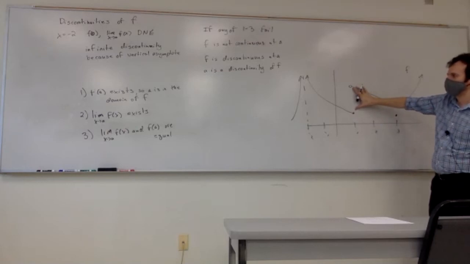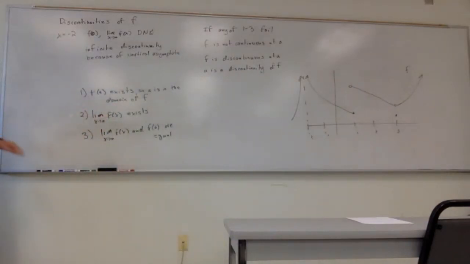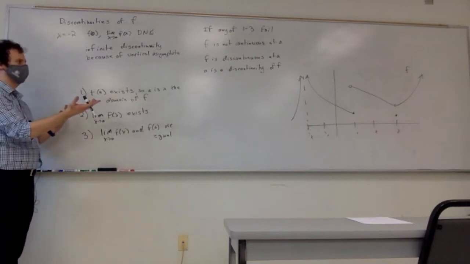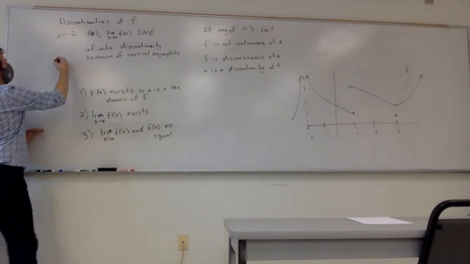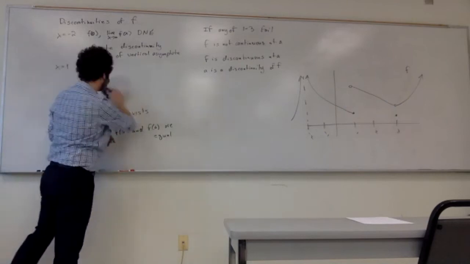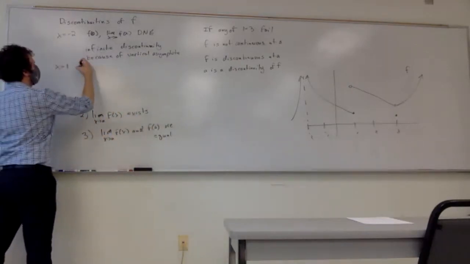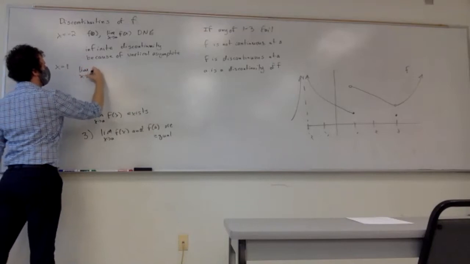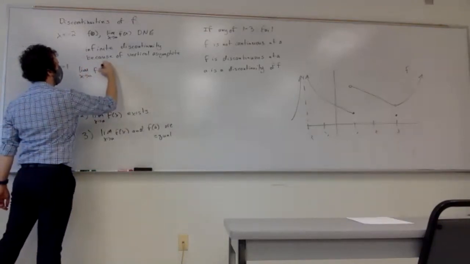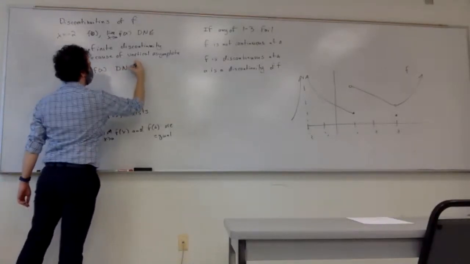So this thing doesn't exist, and maybe the most basic reason is the limit doesn't exist. Graphically, that's this gap. So at x equals 1, the limit as x goes to a, or 1, of f of x doesn't exist.